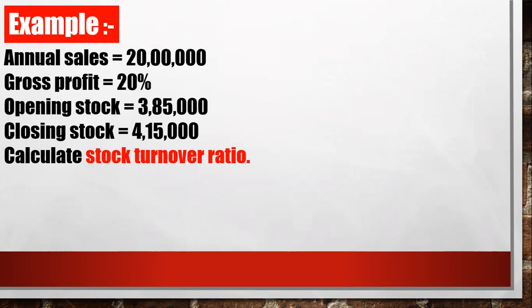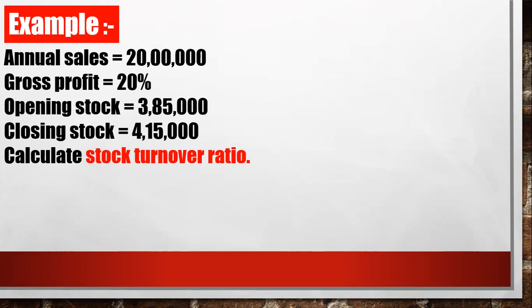Your profit depends upon your sales. How much you are selling, that depends upon your profit also. So 20 lakh is your sales and you have to calculate the gross profit over here. Just calculate 20 lakh multiplied by 20%.